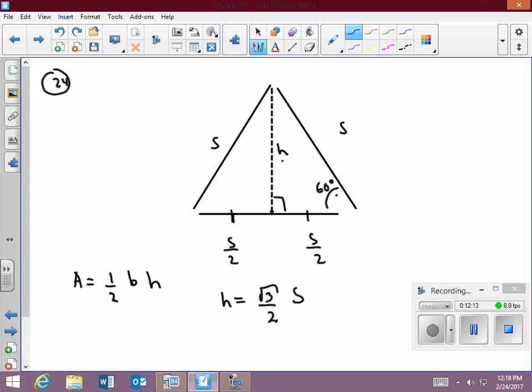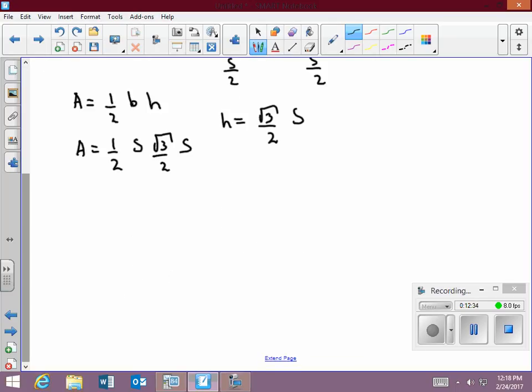So if we plug into this formula, 1/2, now the base of the equilateral triangle is S, and the height is the square root of 3 over 2 S. So the area equals, well, I'll just square it, the square root of 3 over 4 S squared.